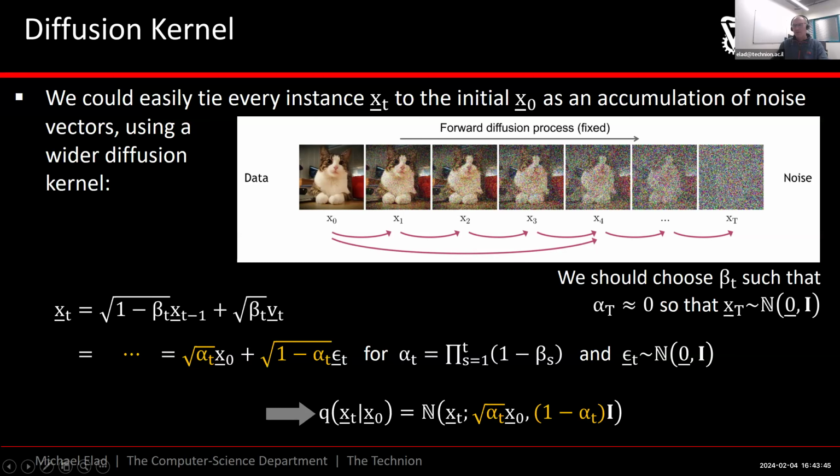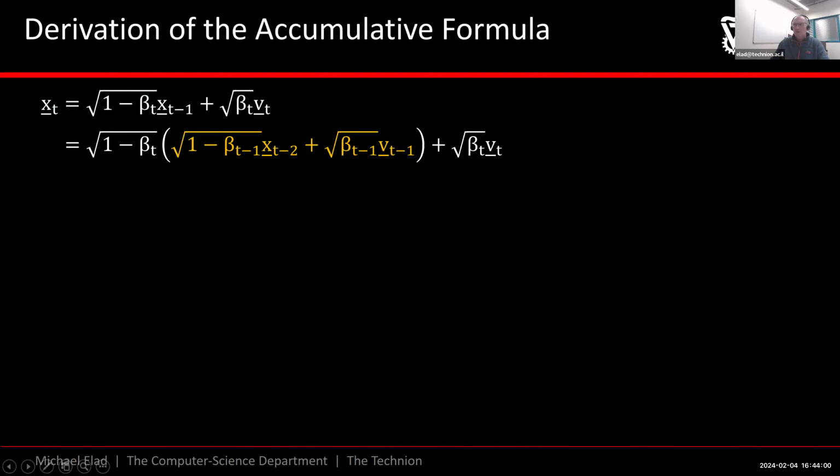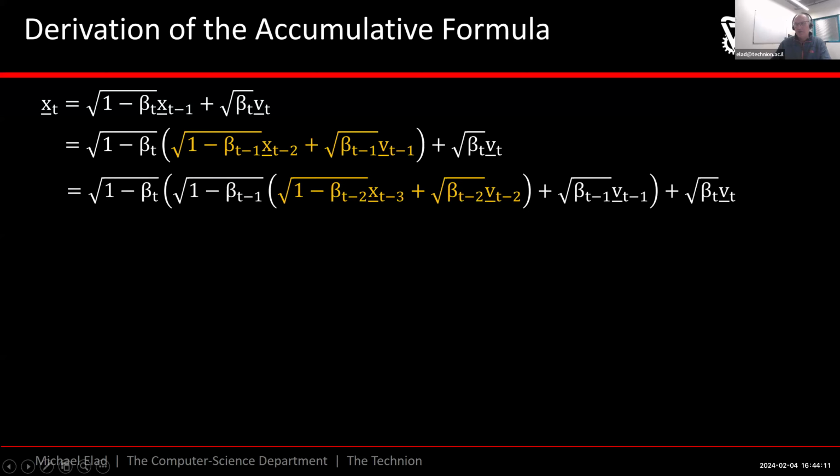The proof itself, I wouldn't say simple, but quite expected. It goes like this. This is the formula for moving from xt minus 1 to xt. But the xt minus 1 itself is created from xt minus 2. So it is square root of 1 minus beta t minus 1 times xt minus 2, plus some coefficient, the same beta, times yet another vector, etc. Now xt minus 2 is the creation from xt minus 3, and so on.